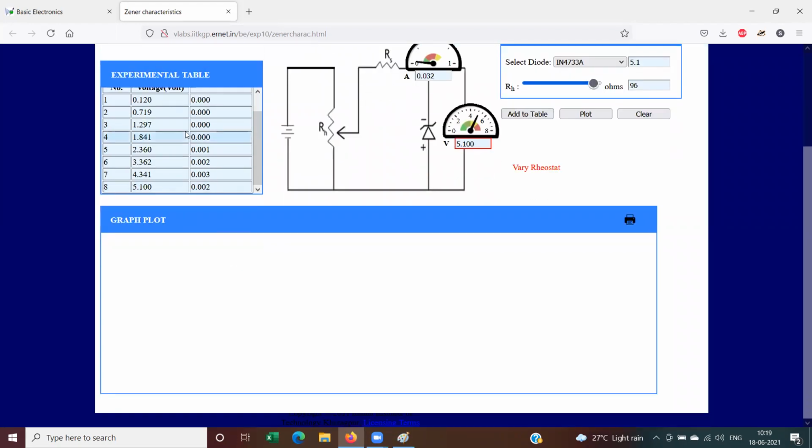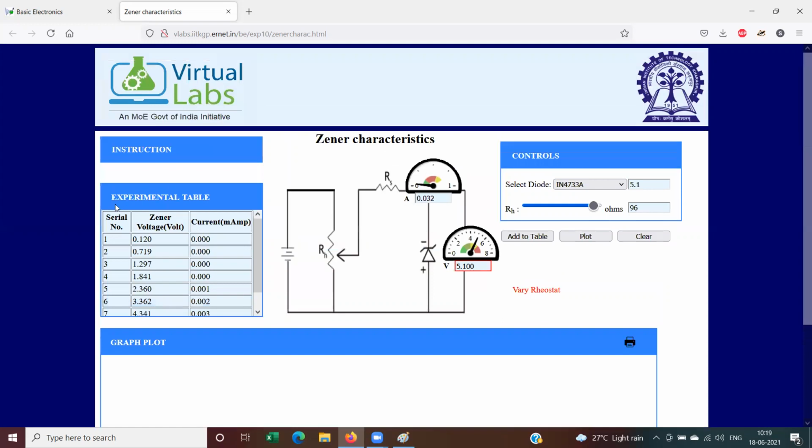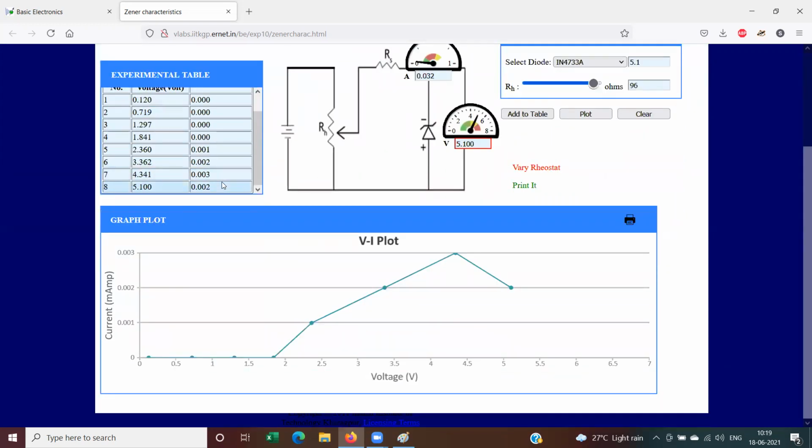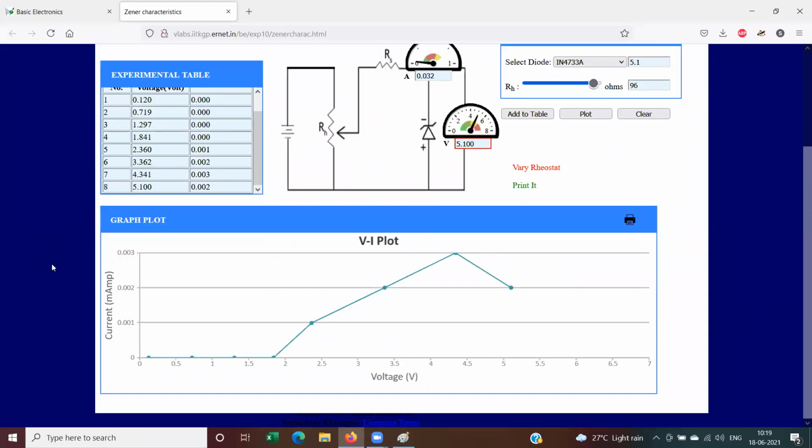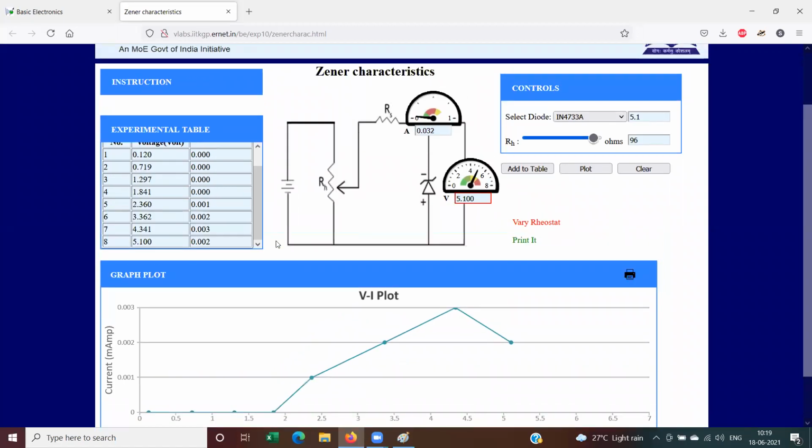Now, when it is done, just plot. Why has the last one decreased? It should not decrease. Don't take the last value. Okay?